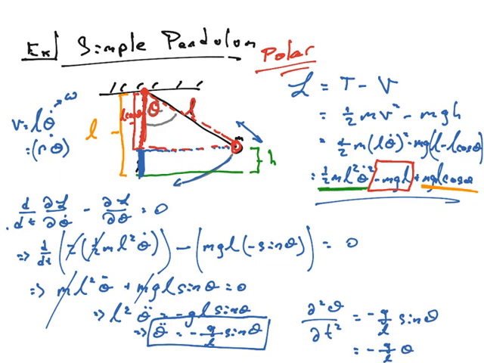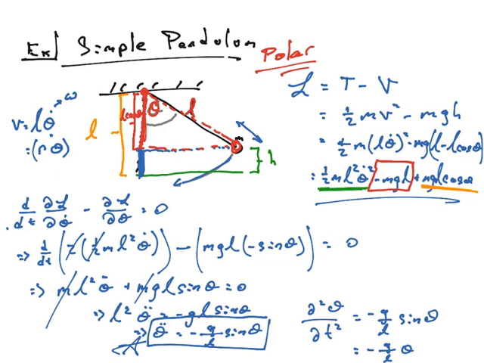And then I could solve this explicitly, functional form solution, for small angle approximations. Or if it's not quite a small angle, maybe I'll keep more terms of my Taylor series and so forth. But if you want the actual equation of motion, this is the equation of motion right here.